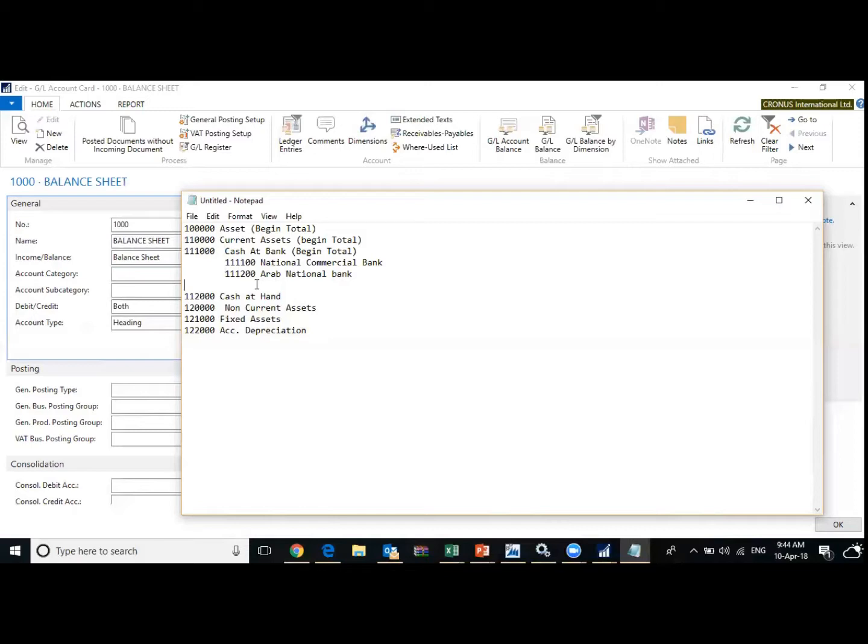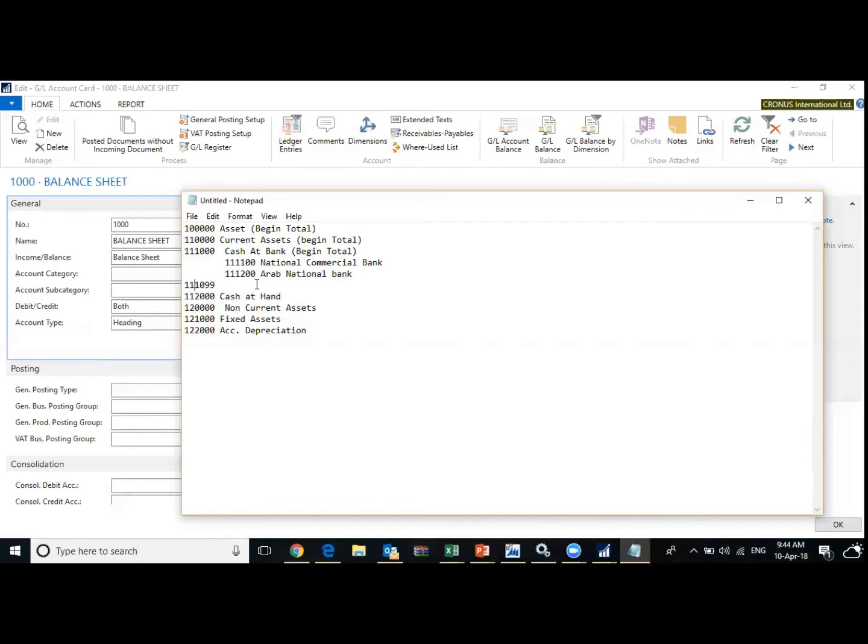So if I want to close this group, then I will follow a strategy which is 099. So 99, this is an end total. You're actually closing this group here.